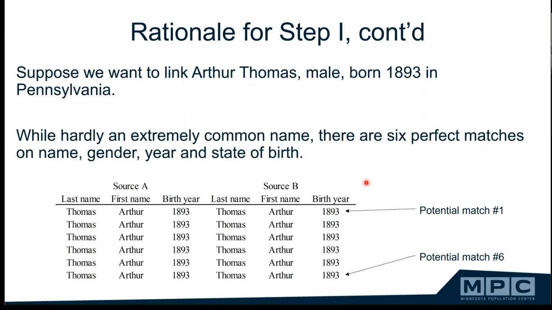In this case, while this isn't an extremely common name, there are 6 perfect matches on name, gender, year, and state of birth. So you can easily see that it would be quite the challenge, based on this kind of information, to distinguish between these matches.